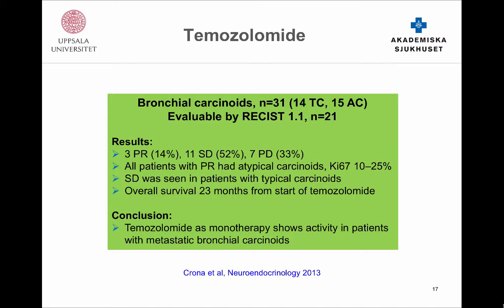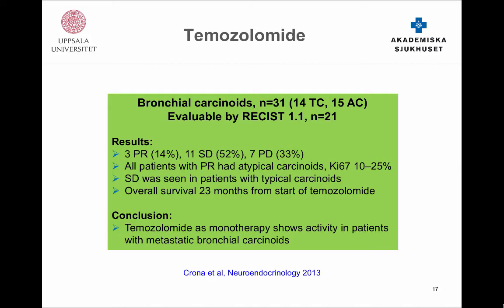If you look at bronchial carcinoids treated with temozolomide, this is a study from our group as well. Dr. Krona published it in 2013. It's a rather small series again. It was 31 patients in total, 14 typical carcinoid, 15 atypical. And we had 3 partial remissions, 14%, and 52% stable disease, which is quite good because all these were aggressive tumors with tumor progression.